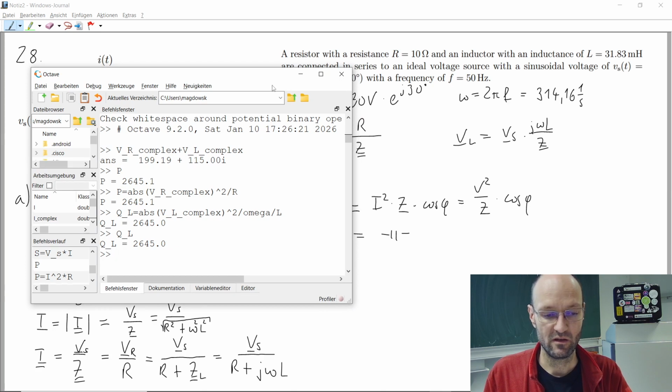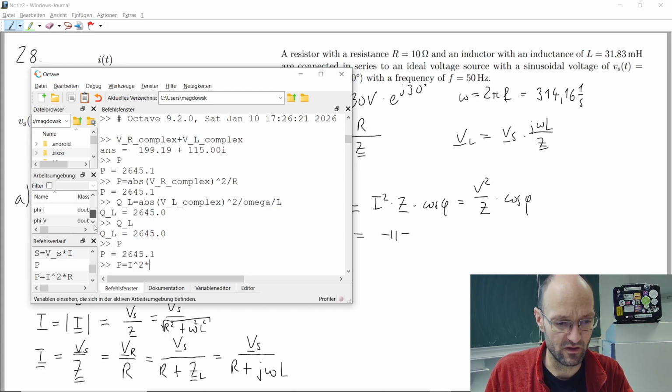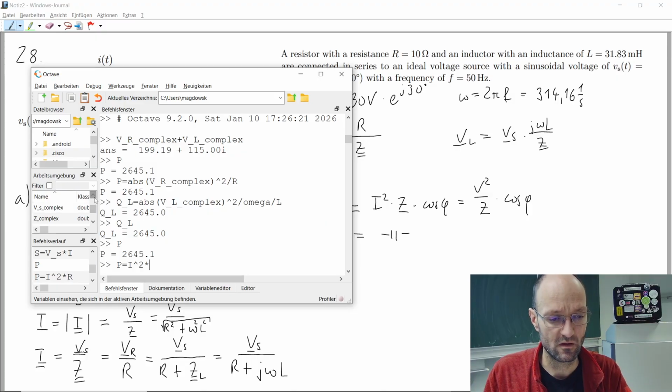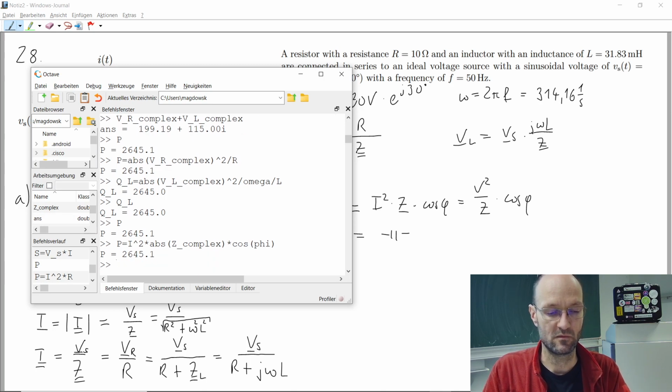So if we want to once again calculate the power and say this is the current squared times the impedance. I don't know if we had Z yet. I don't think so. We just had the complex Z. And so I need to take the magnitude of this complex Z as this Z here and then multiply with the cosine of phi, and we get the very same value.